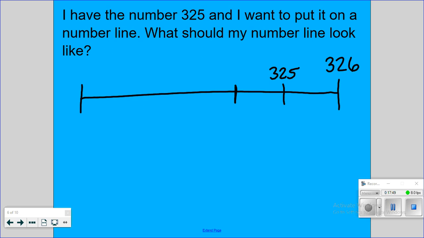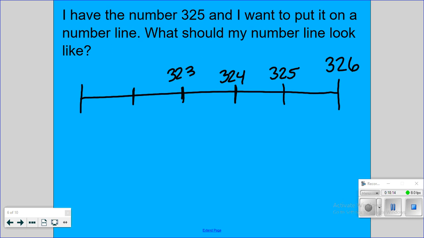What do we think that number is going to be on our number line? Elena, what do you think? 324. What about the number before that? Sean, what is it? 323. What about the number before that?